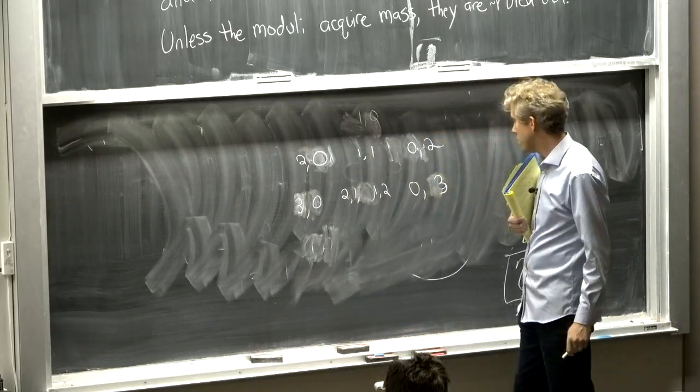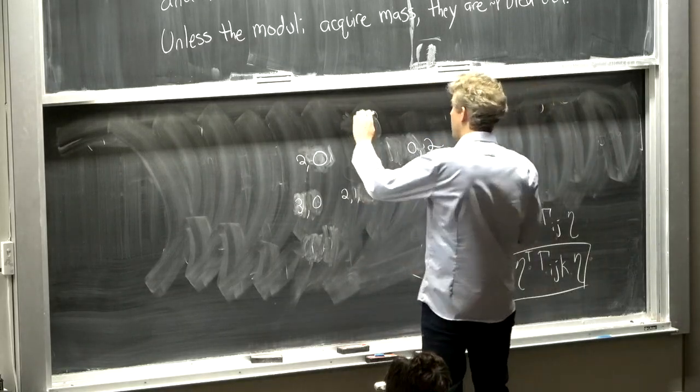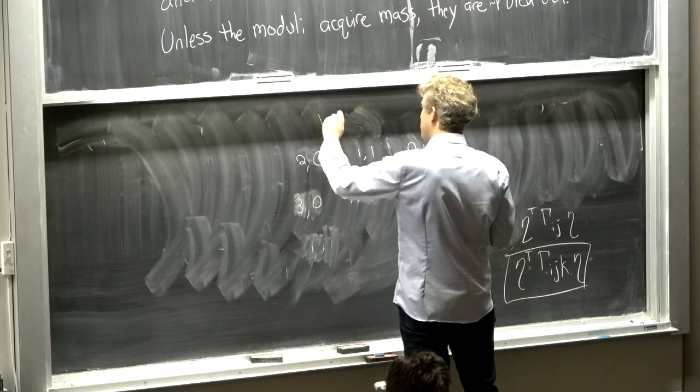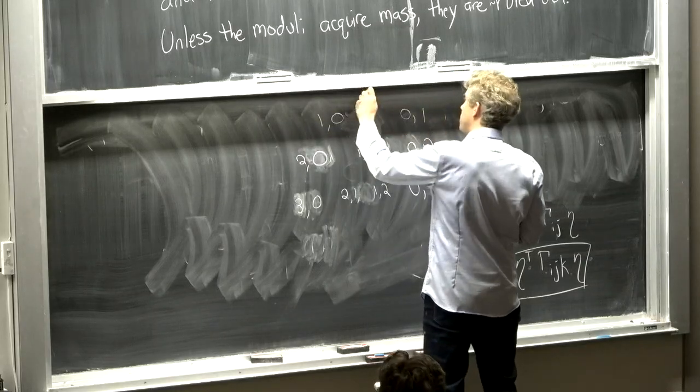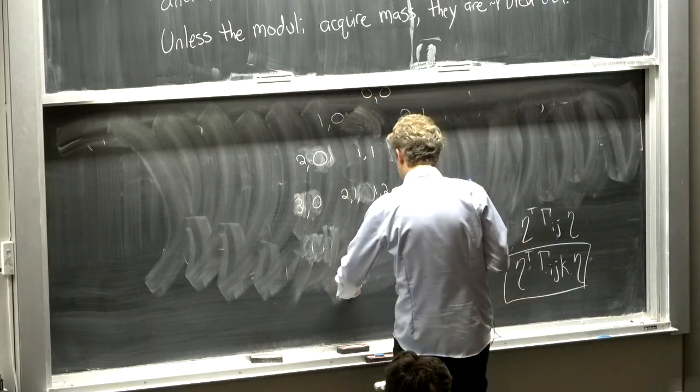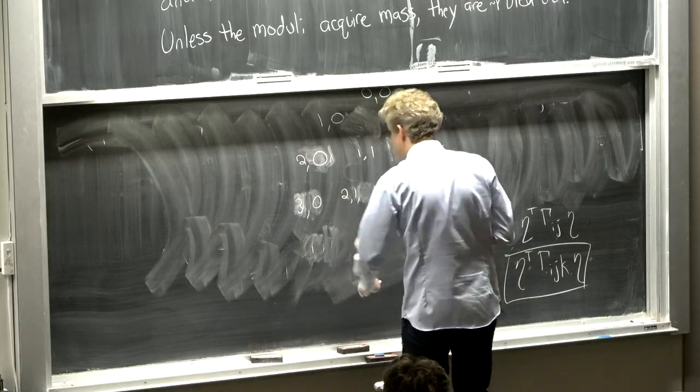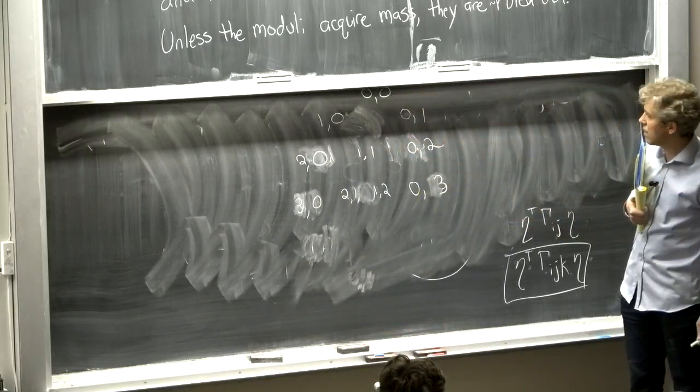There's 1, 0, 0, 1, and 0, 0, and then all the way down I can have 3, 3, et cetera, but we don't need them.